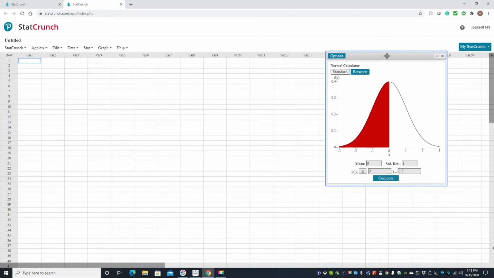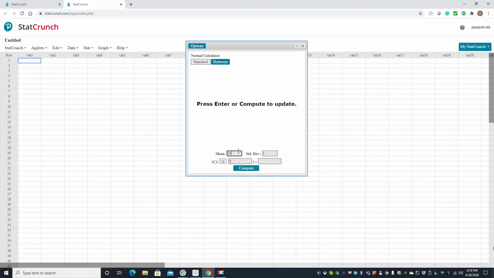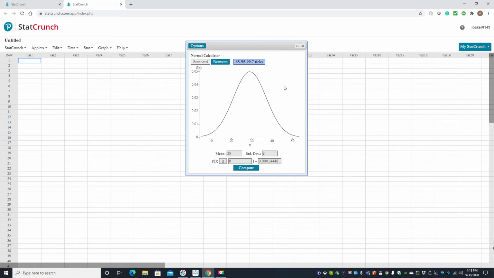This is going to open up. Now this is really crucial: you've got to set your mean first. The last one I just did was 29, and 8 for the standard deviation. Let me hit standard. If I hit compute, it'll pop up just a normal curve.